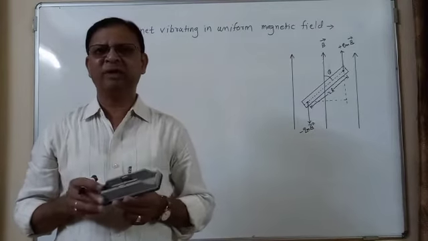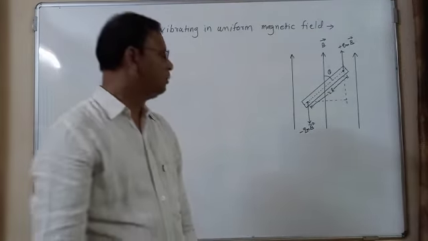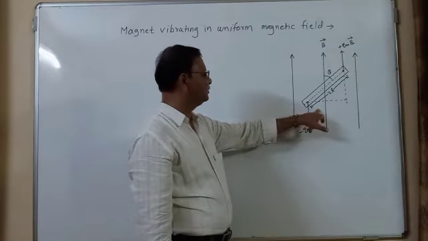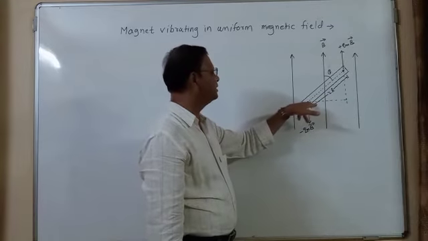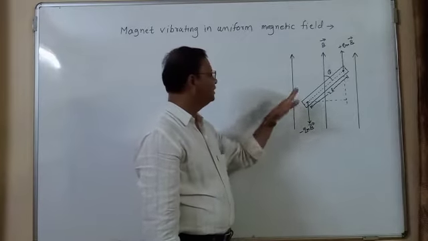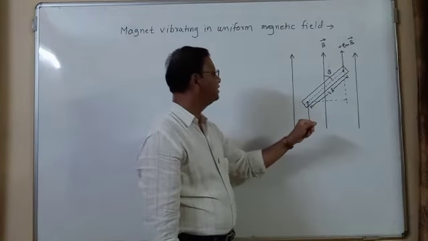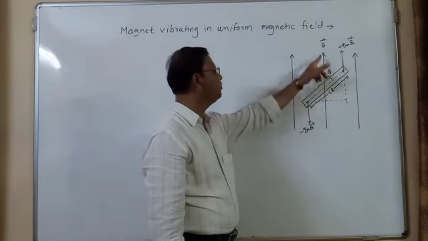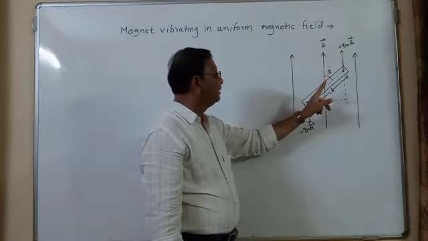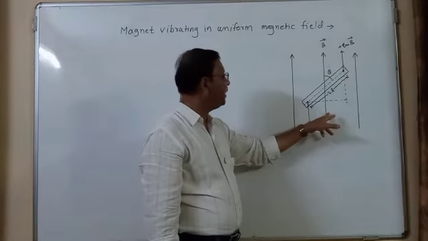We have to show that this bar magnet performs angular simple harmonic motion. Suppose this is a bar magnet which is suspended. This is the N pole, this is the S pole, and this is the direction of the external magnetic field. The bar magnet is suspended in a uniform magnetic field of induction B. It remains parallel to the magnetic field.